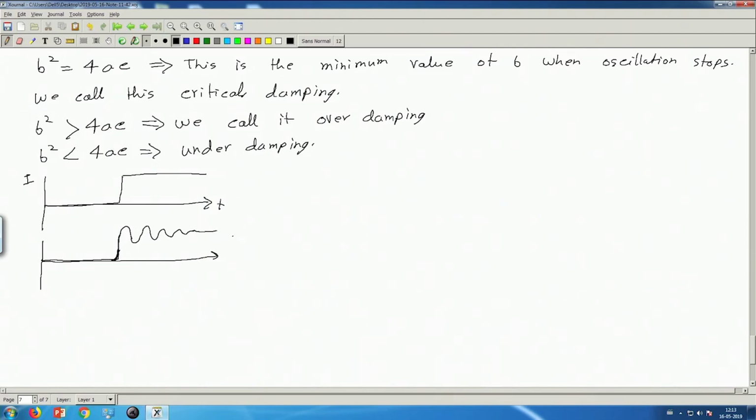So this is under damped, the condition B square less than 4AC.